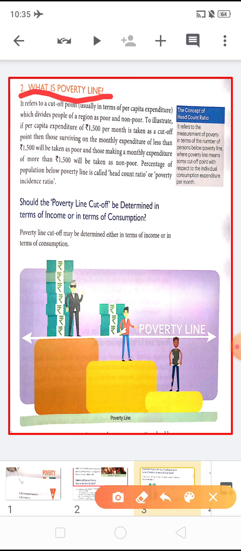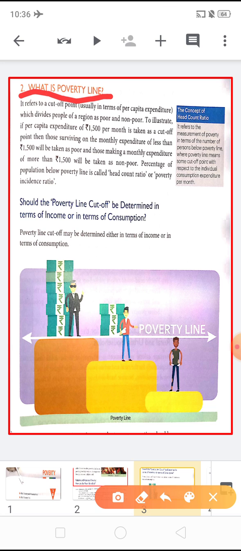Children, the poverty line is basically a cutoff line on the line of distribution which usually divides the population of a country as poor or non-poor. The concept of the poverty line is used to measure the extent of poverty in a country.